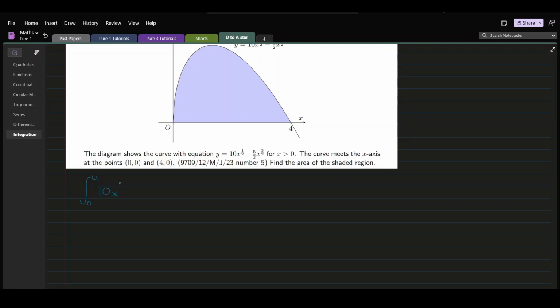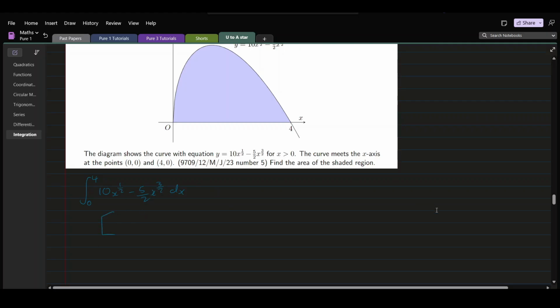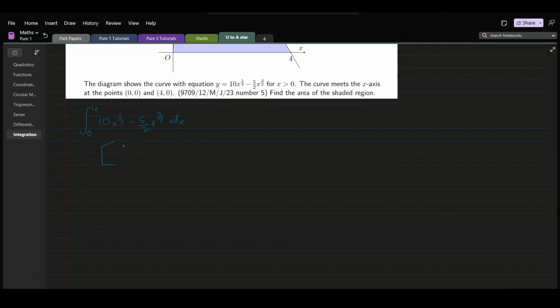So that's 10x to the half minus 5 over 2 x to the 3 over 2. So to get the area under the graph, we integrate. So if we integrate 10x to the half, add 1 to the power, you get 3 over 2. Let's divide by a new power, 3 over 2.